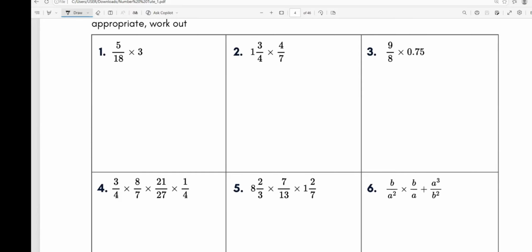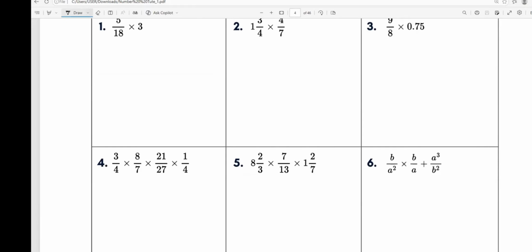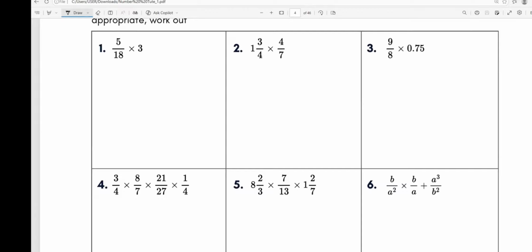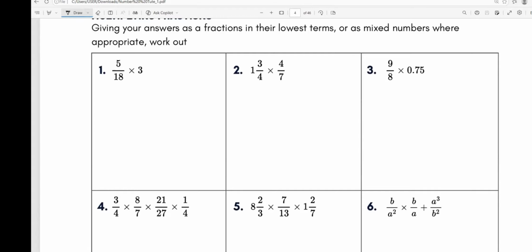Correct that. Now do all 6 questions given there.